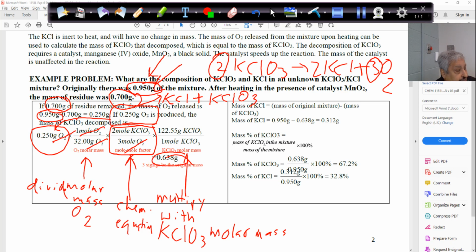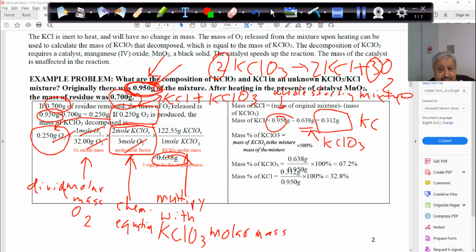KClO3. Now if I have this, I can get the whole starting mixture minus KClO3, that's the whole starting mixture, correct? And that's what I get for KClO3. So whatever is left here is what now? KCl.